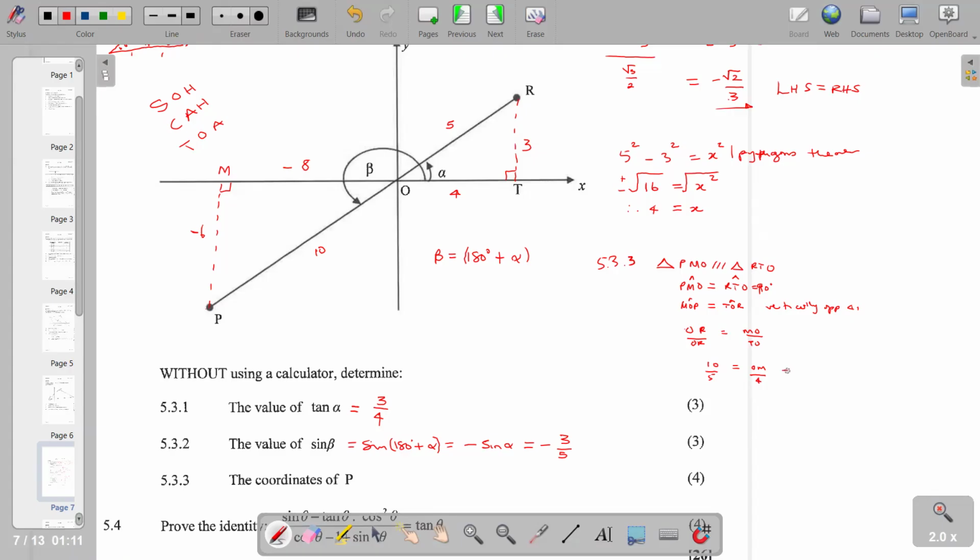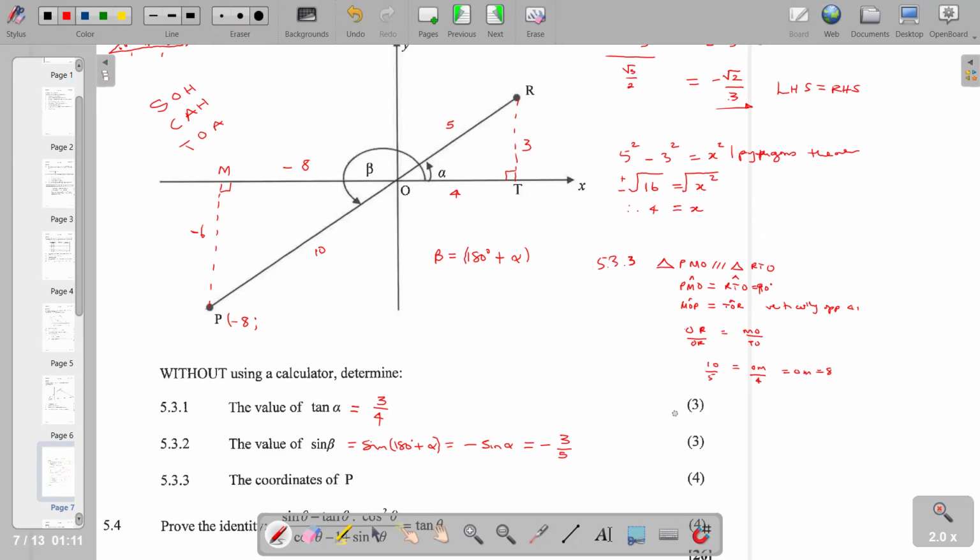So OM is 8 units. But because we are in the second quadrant, this X value must be negative. So we end up having negative 8.